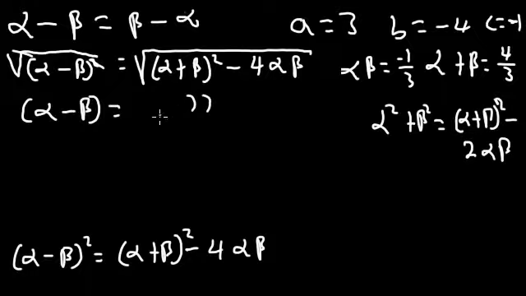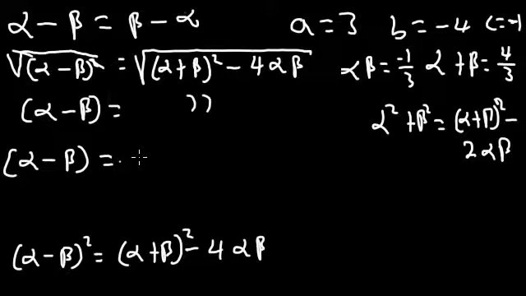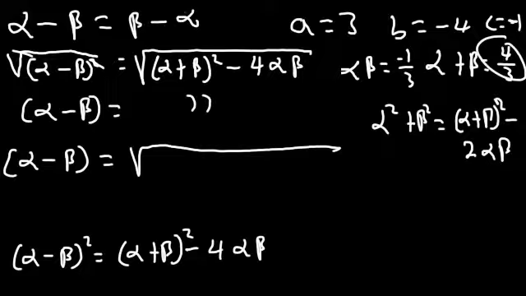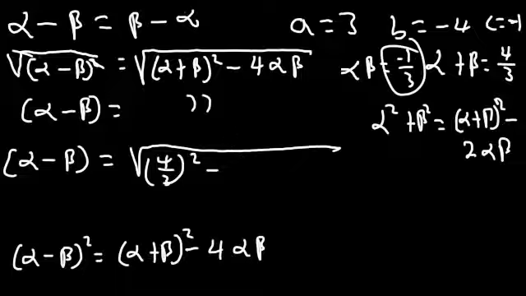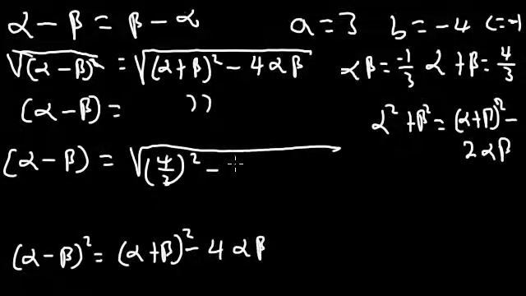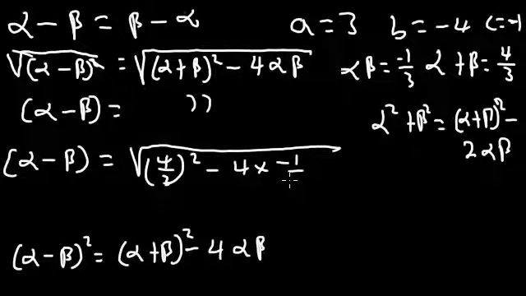That is equal to this. So by substitution, we have alpha minus beta equal to the root of alpha plus beta, that's 4 over 3, squared, then minus 4 alpha beta, where alpha beta is negative 1 over 3, so negative 4 multiplied by negative 1 over 3.